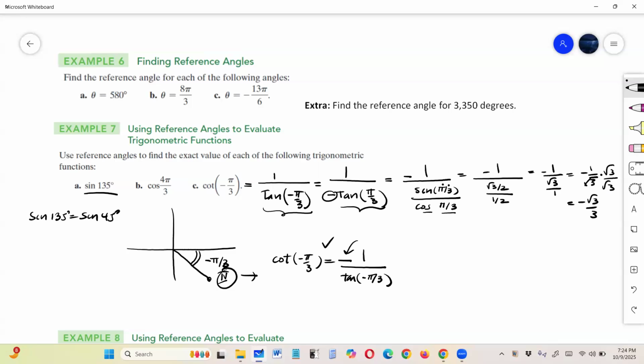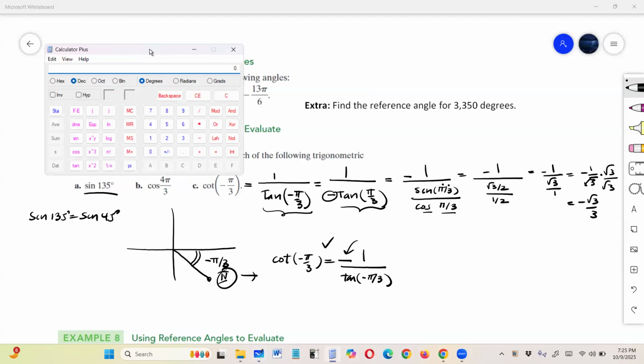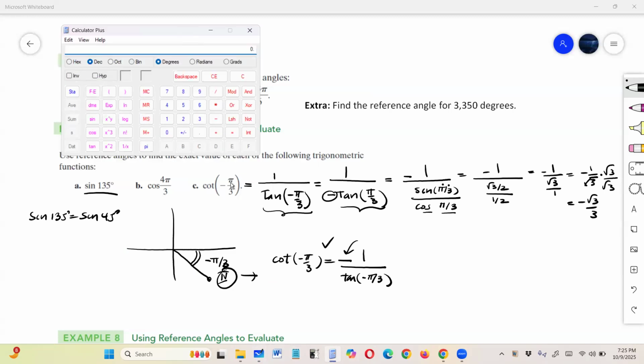All right. And we can check with the calculator. Let's check with the calculator. And we wanted to go directly to, remember the pi over 3 is 60 degrees, so negative 60.